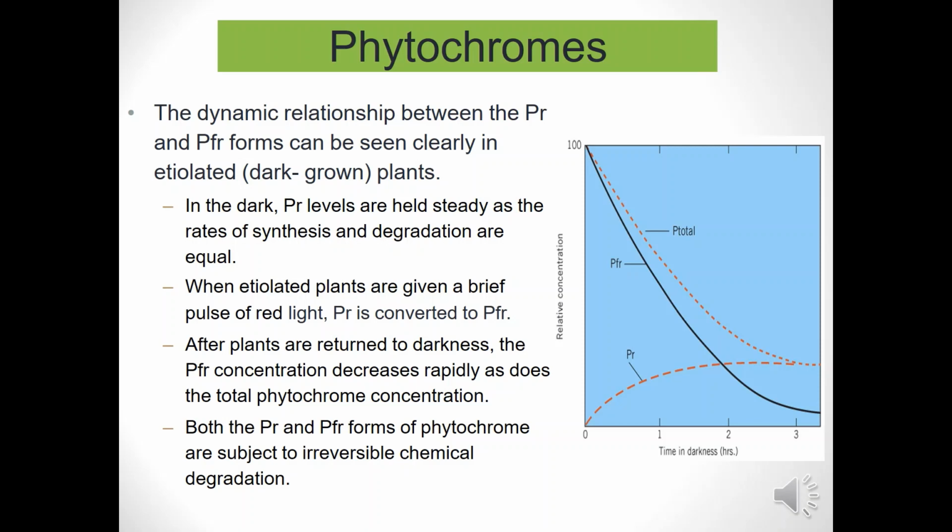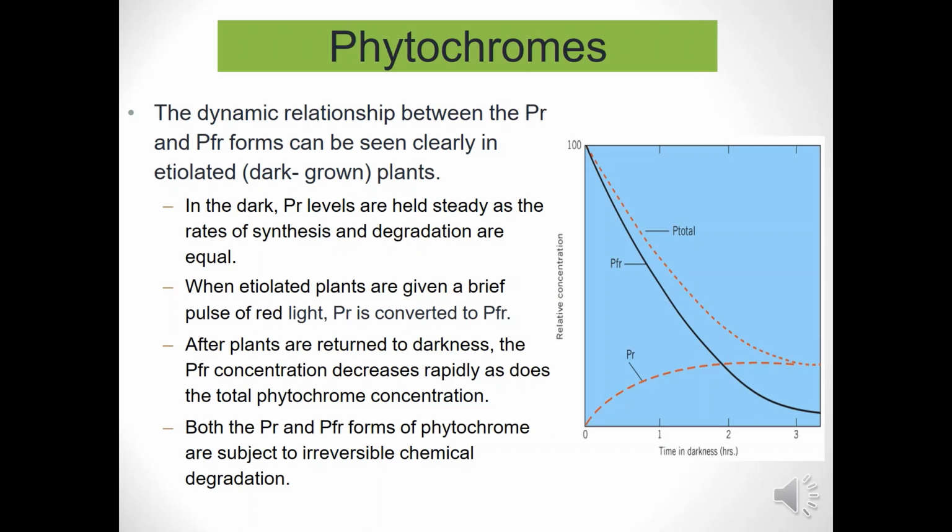This slide shows you the graph of the dynamic relationship between PR and PFR form. This graph is actually for the etiolated plant. Etiolated plant is a plant that grows in dark condition. In the graph, you have three lines, two red lines and one black line, for PR, PFR, and P total.